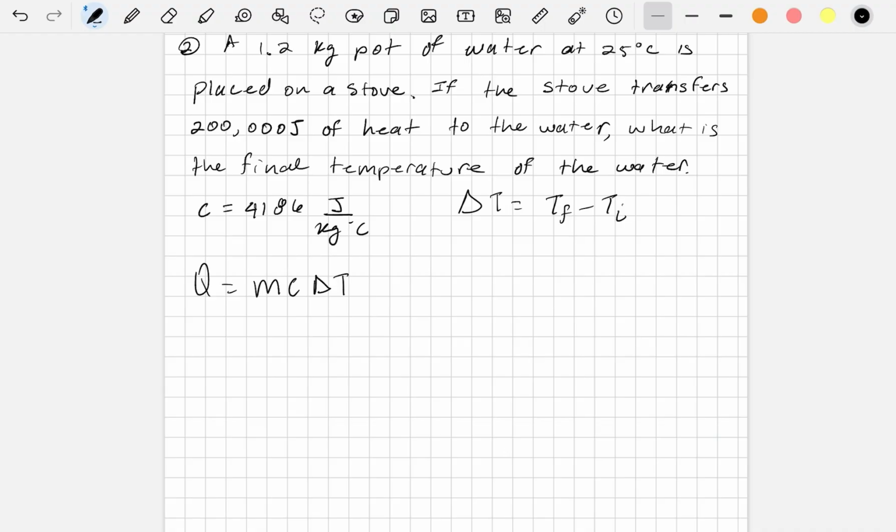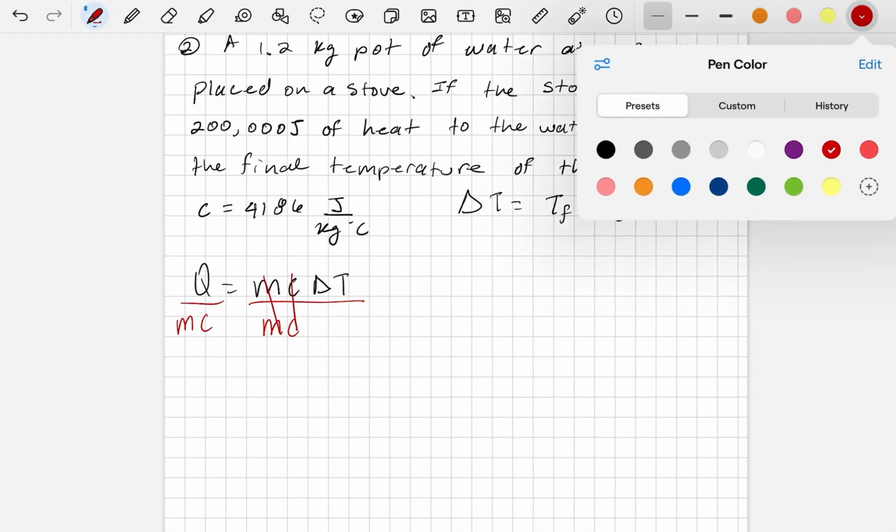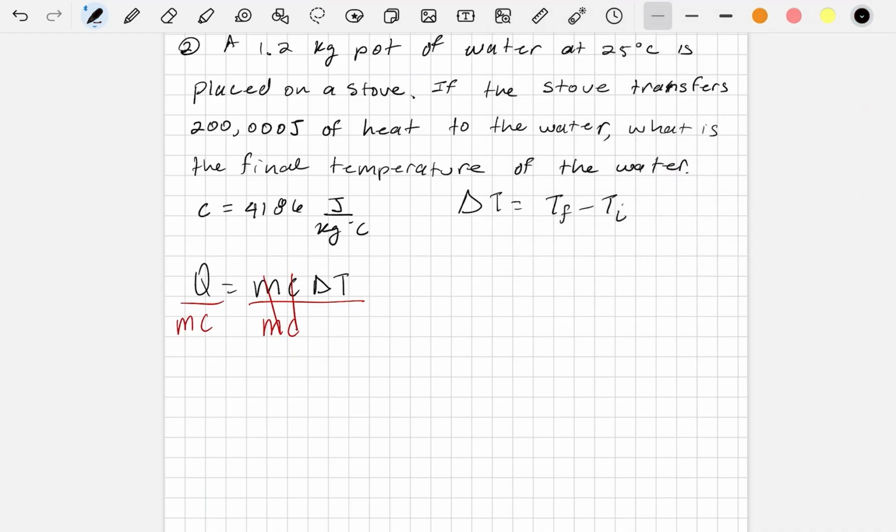So I'm going to divide both sides by mass and specific heat, which cancels out, so I end up with delta T. So delta T is just equal to Q over mc.